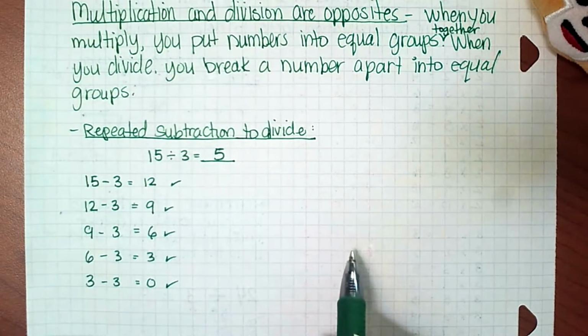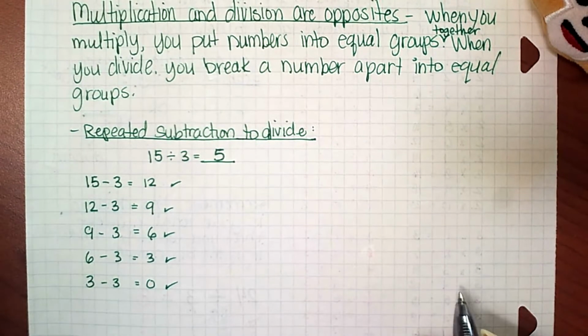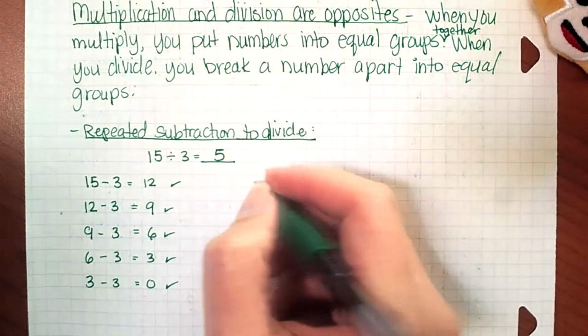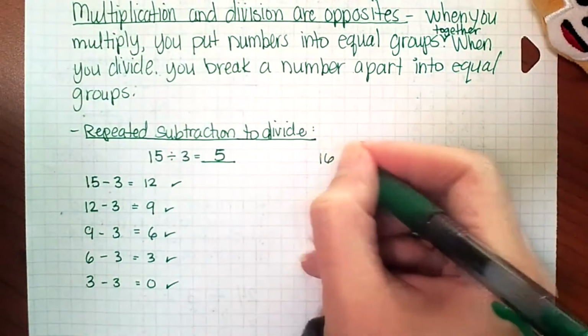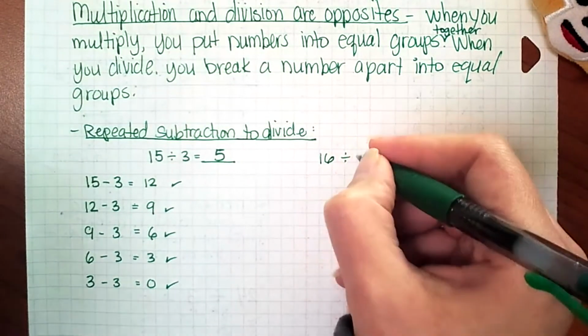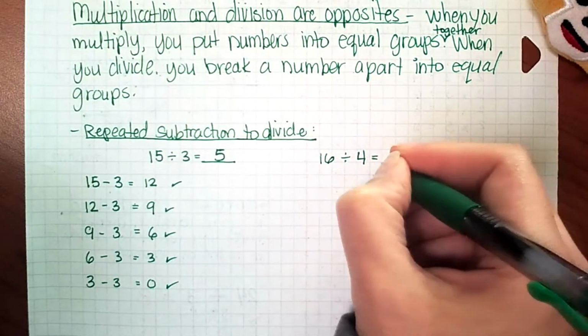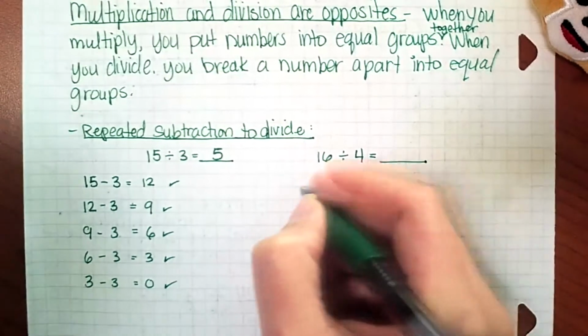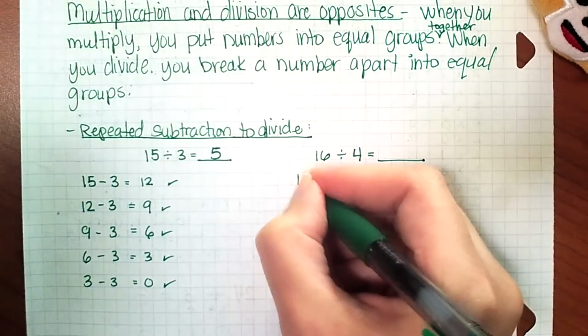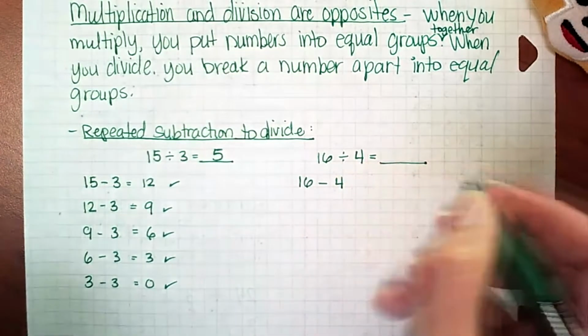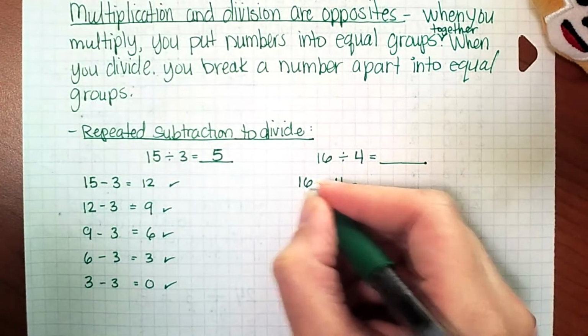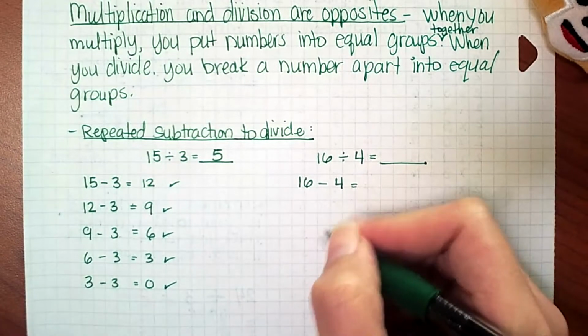This works for any of your subtractions, even if you have a smaller number. So if you have, for example, 16 divided by 4 equals a mystery number, you'll do the same exact process. You'll start with your whole number, and you take away that divisor. So your dividend minus your divisor over and over and over again.